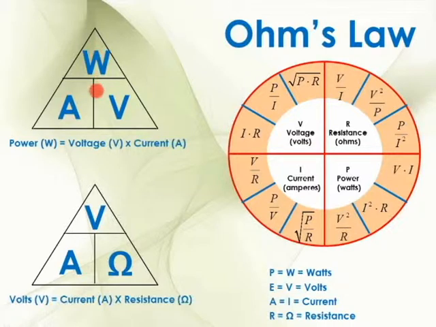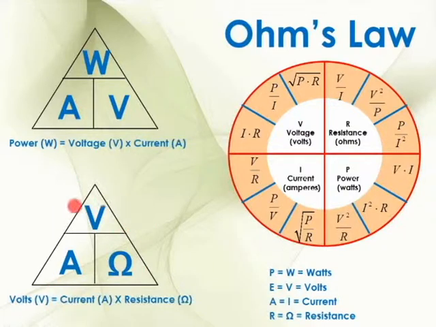The other cool thing about this triangle is if I have watts and volts and I want to know my amps, what you can do is just cover up this A with your hand and you see it, watts divided by volts. And the other way around, if I have amps and watts and I want volts, I would cover up the V with my hand, and now I have my formula, watts divided by amps.